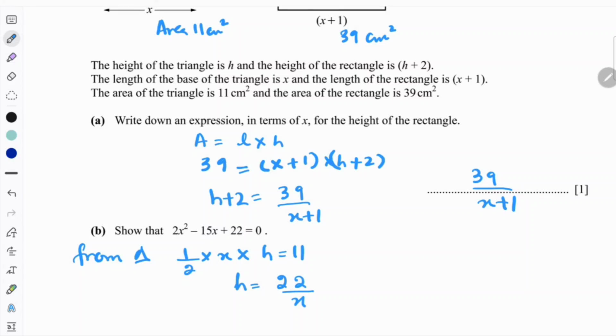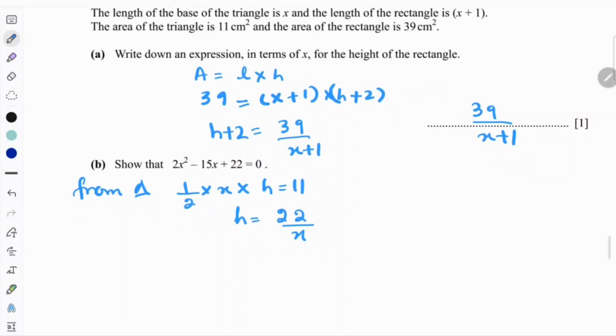So right now we are writing down the value for h and substituting in the area formula. Height is equal to 22 upon x, and h plus 2 is equal to 39 upon x plus 1.